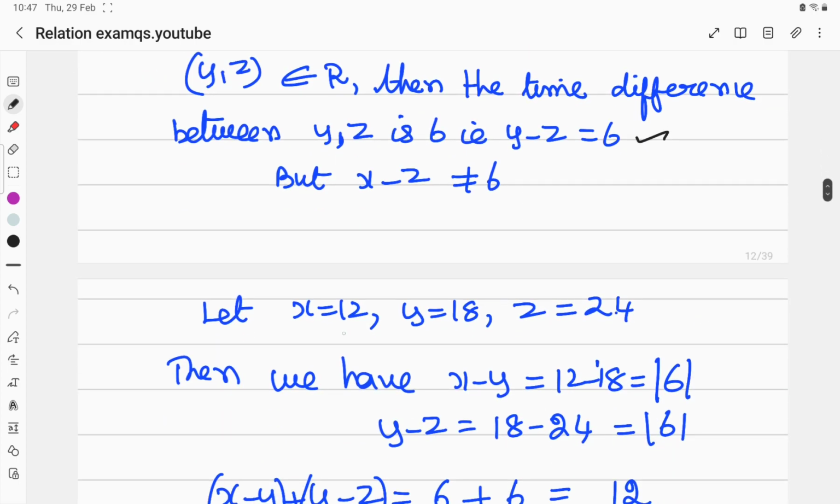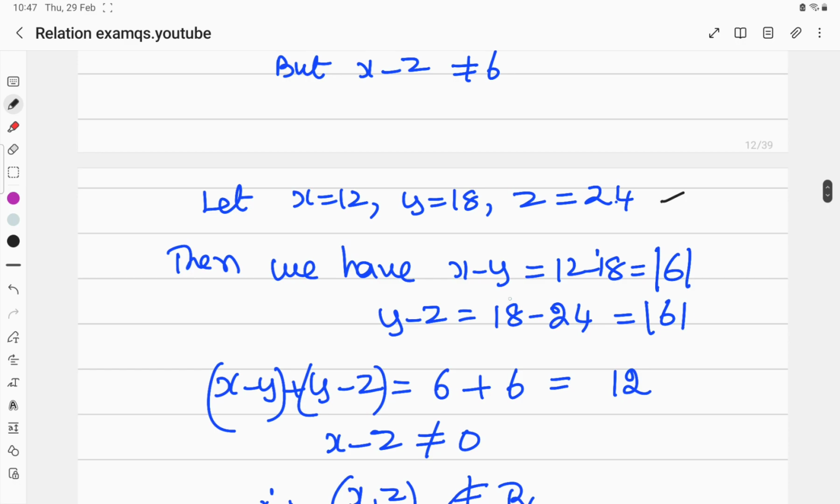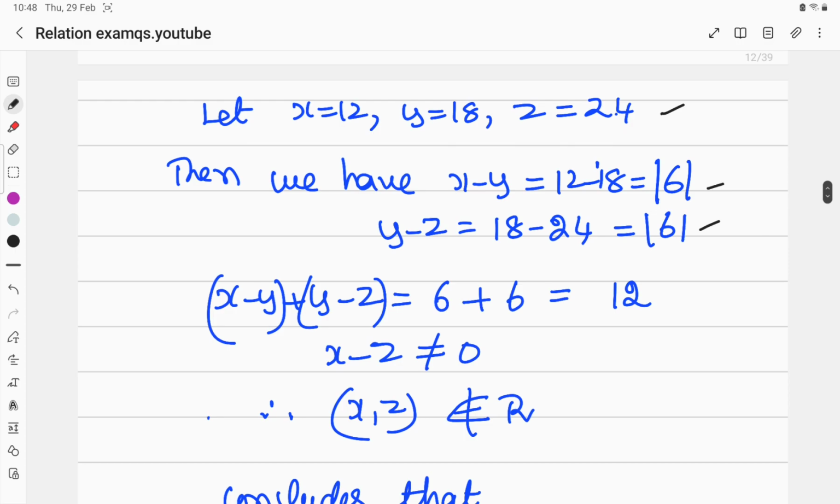So, using numbers, check x is equal to 12, y is equal to 18, z is equal to 24. We have x minus y is equal to 6, the time difference is 6. Like that, y minus z is equal to 6, the time difference. But x minus y plus y minus z gives x minus z, which is equal to 12.